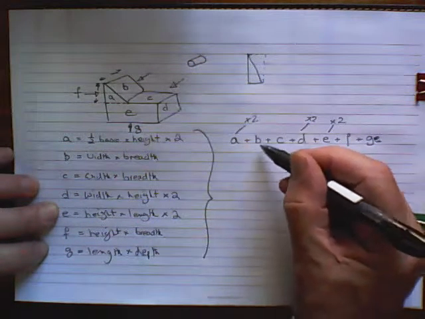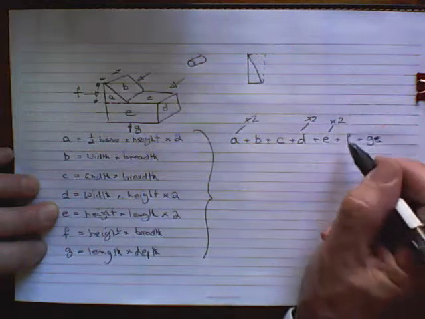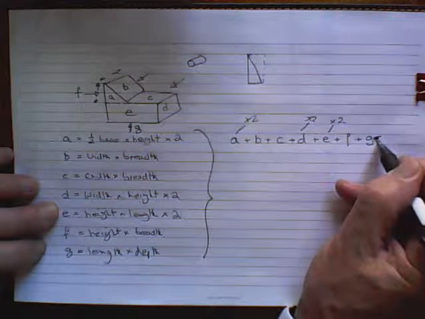So it's A times 2 plus B plus C plus D times 2 plus E times 2 plus F plus G.